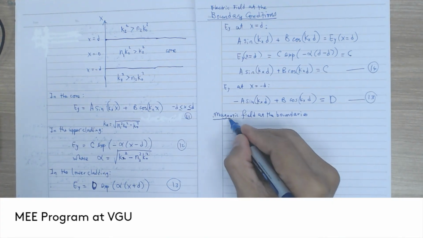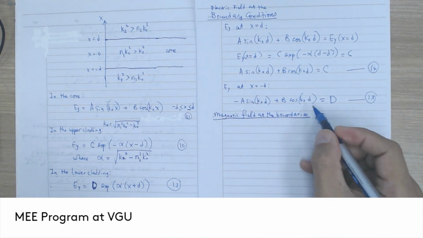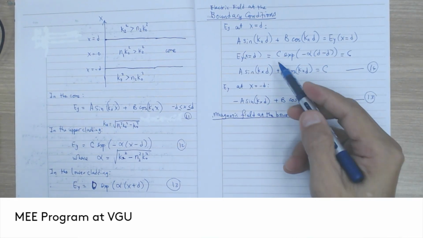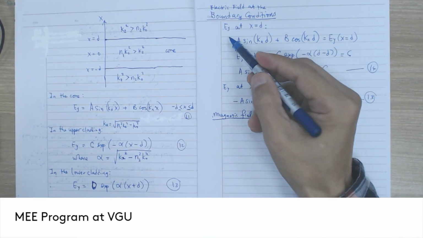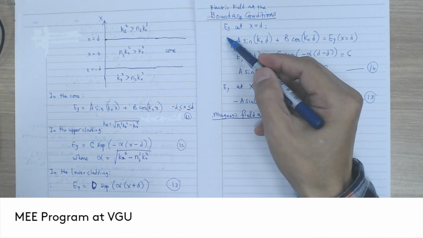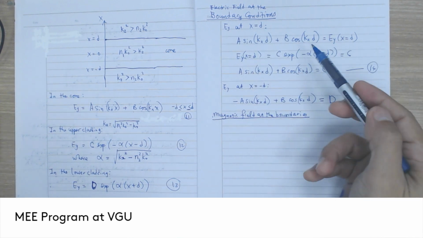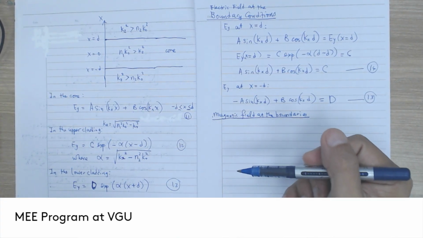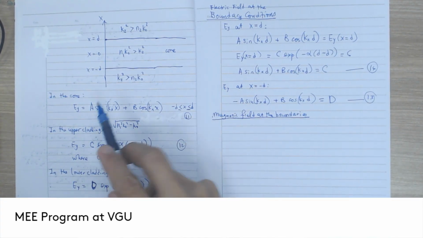I just know that differentiation will turn the equation into the magnetic field expression. So now we do this.